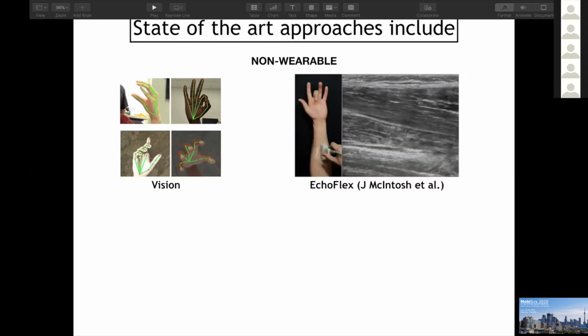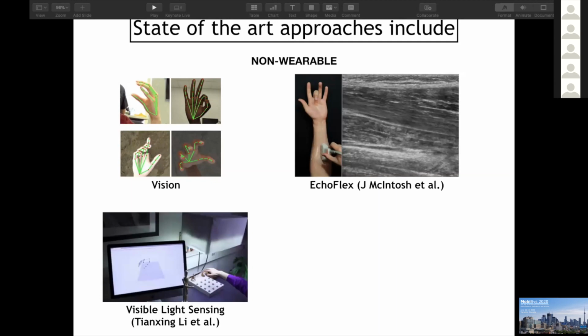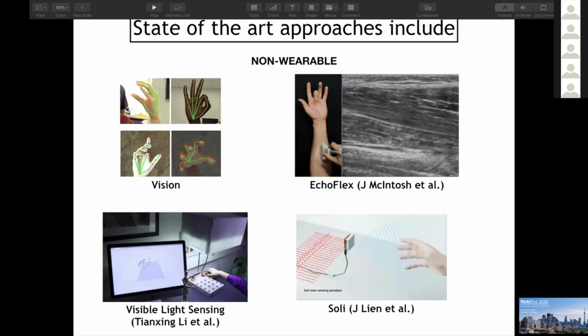There is a technique called EchoFlex, which uses ultrasound imaging plus machine learning to detect several static gestures. And this is called visible light sensing. It uses an LED lamp and photodiodes to detect hand postures. And methods like radar are also famous for the same.